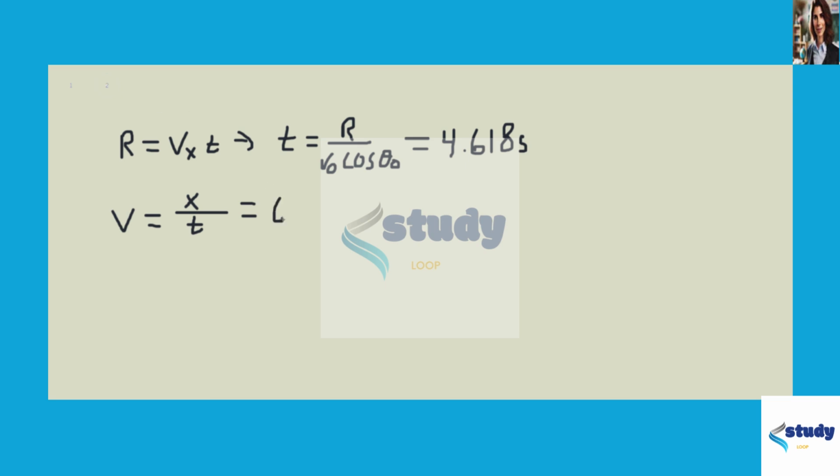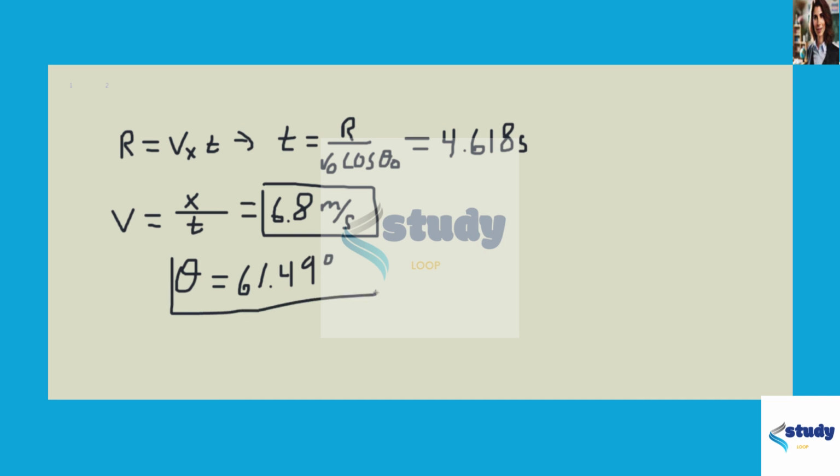You find that this is equal to 6.8 meters per second as the average velocity of the outfielder. And then the angle that he ran, which we found, theta, is equal to 61.49 degrees relative to home plate. So we can box that in as the angle we were asked to find. Those are our solutions.